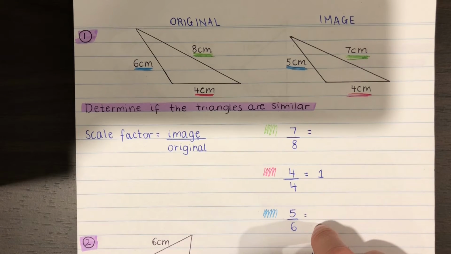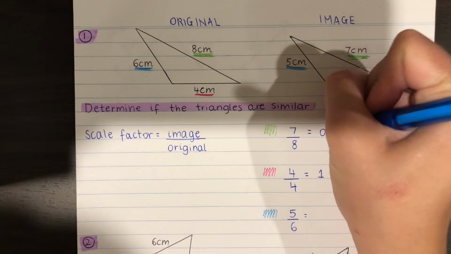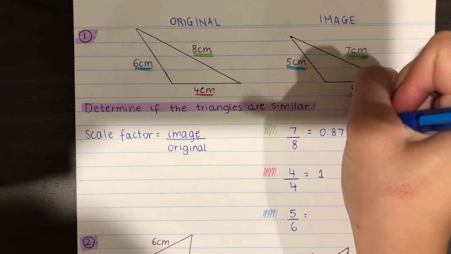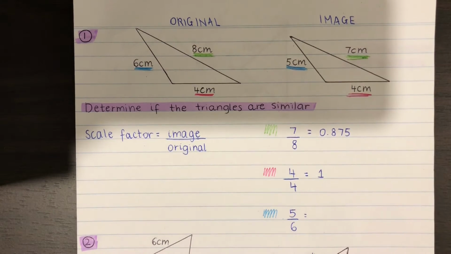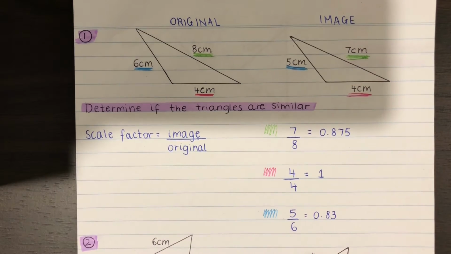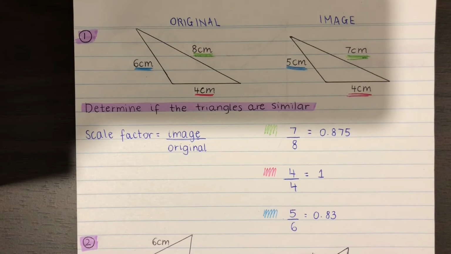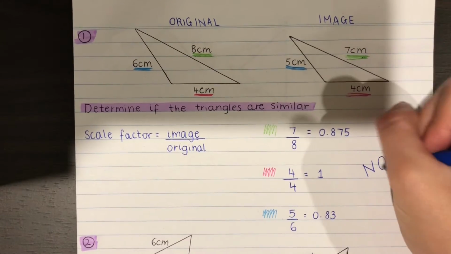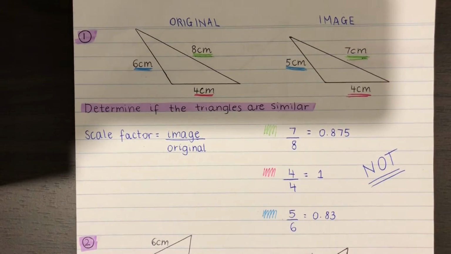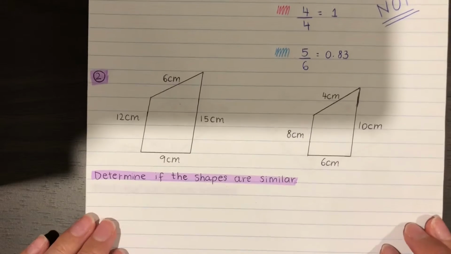But if we go ahead and get answers anyway, 7 over 8 is 0.875, and then 5 over 6 is 0.83. Because all three of these numbers do not equal the same thing, these two triangles are not similar. So that's your explanation. Now let's go on to this one here.